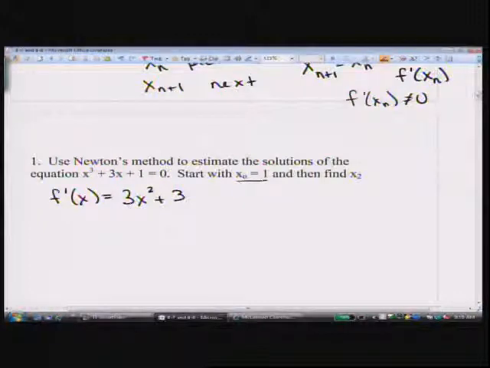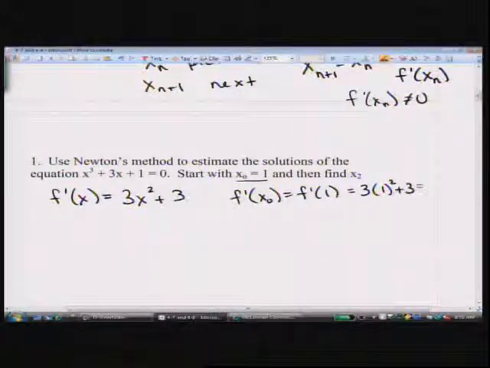Okay? And we'll need to compute f prime at x naught, which will be f prime at 1, and that is just going to be 3 times 1 squared plus 3, or just 6.